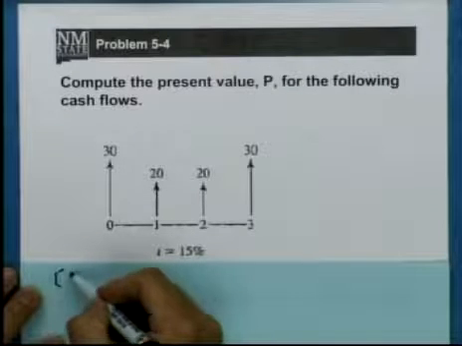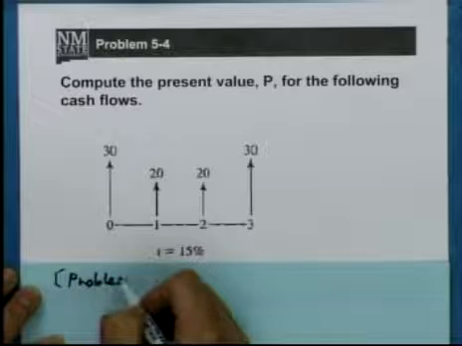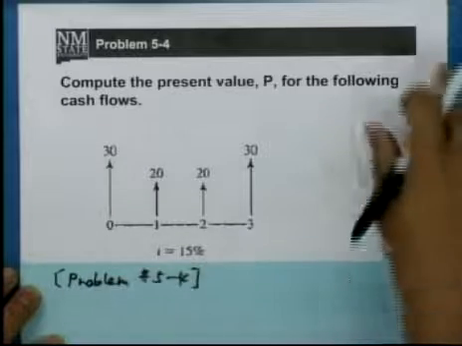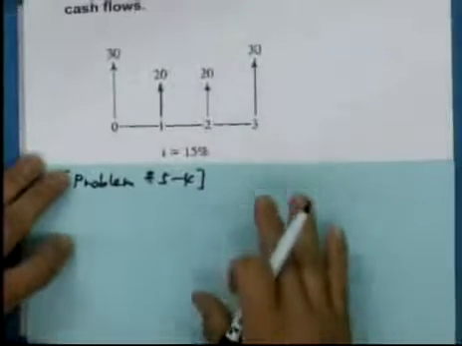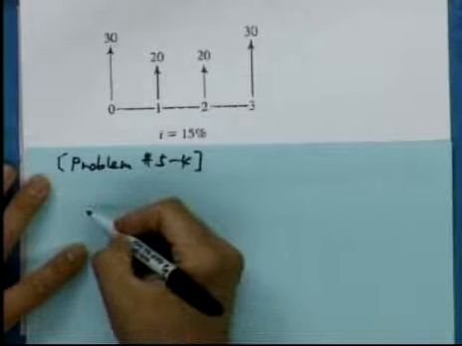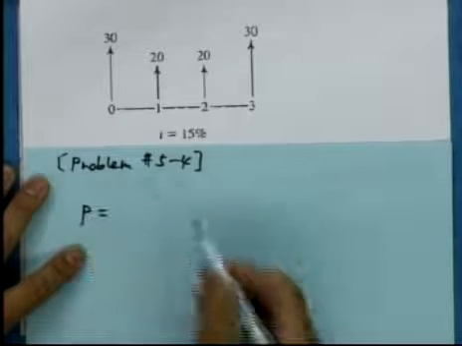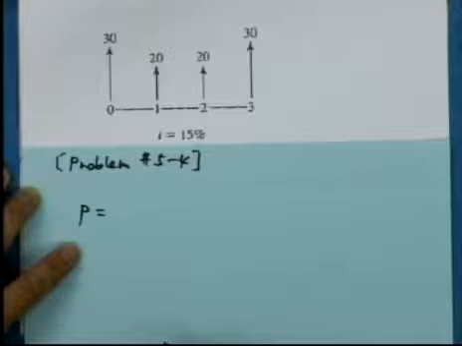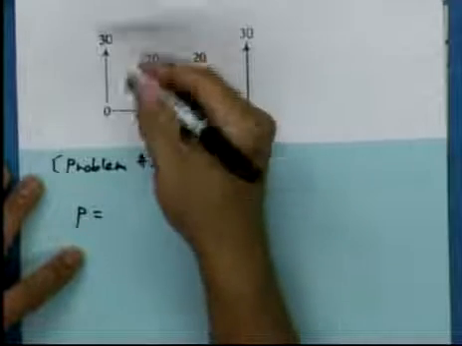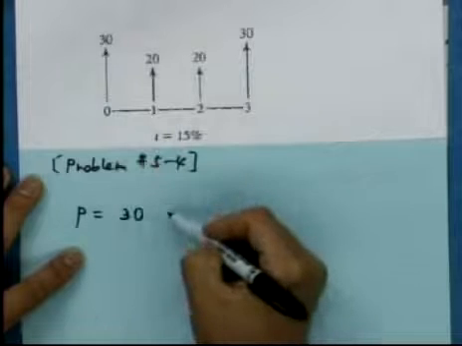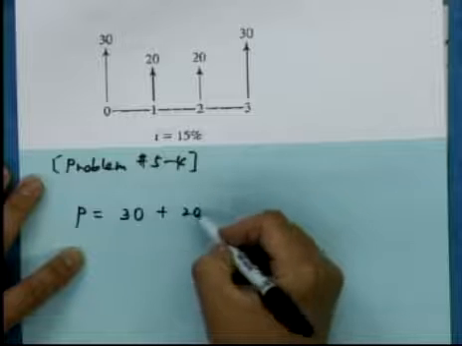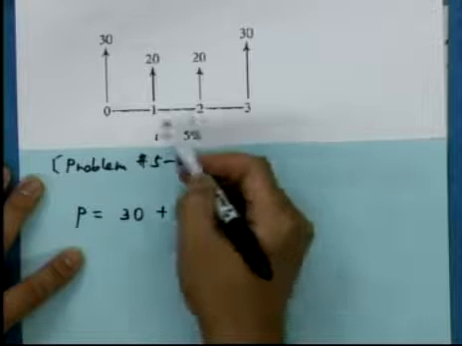So here we have problem number 5-4. The present value would be $30 at the end of period 0 plus the uniform series of $20 for the next 2 periods.